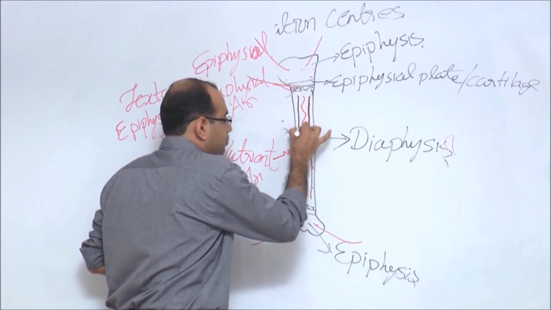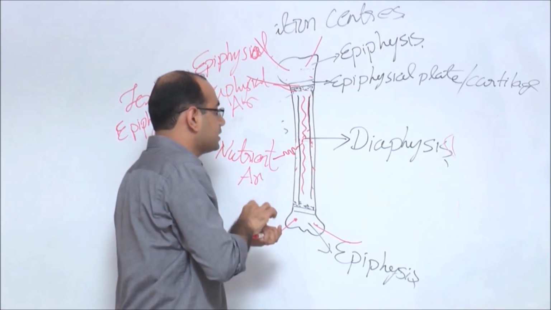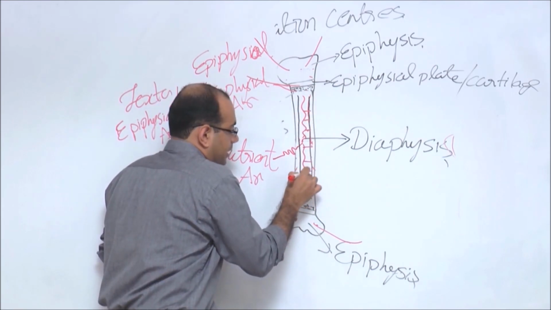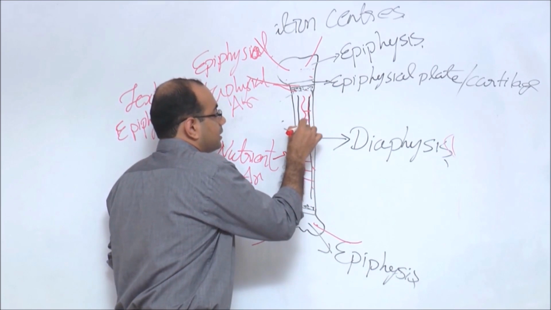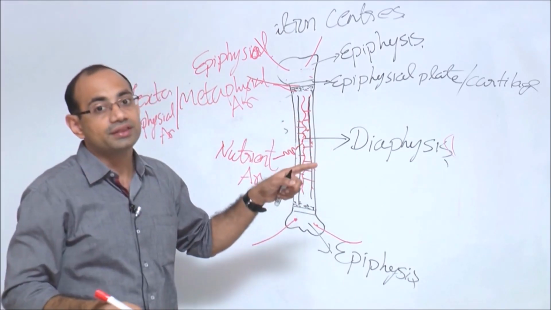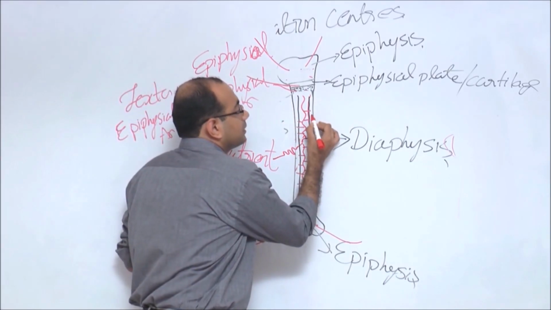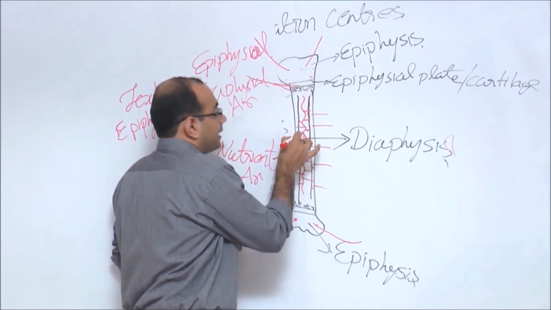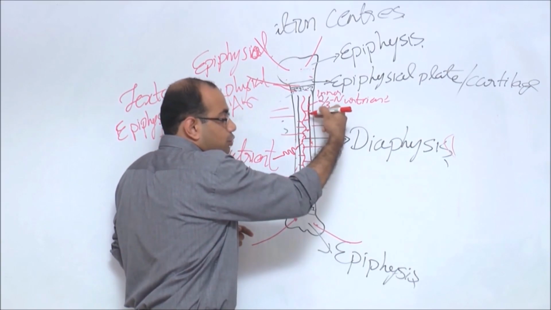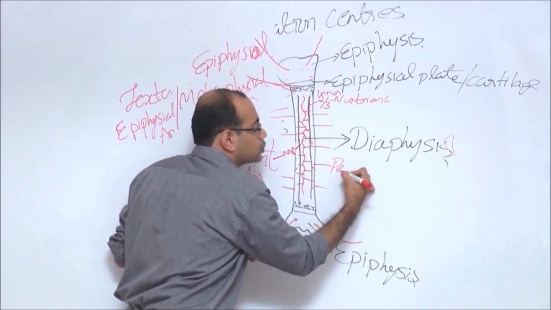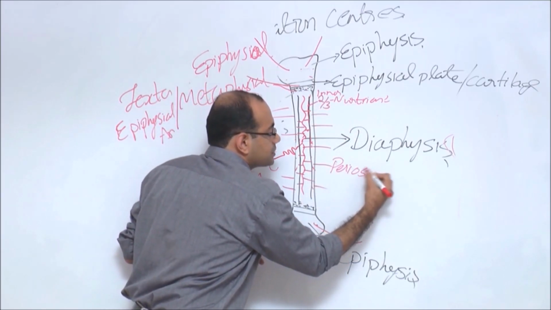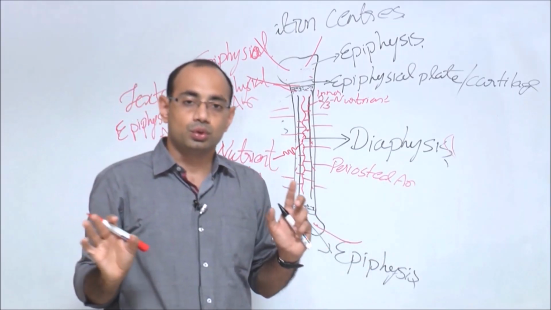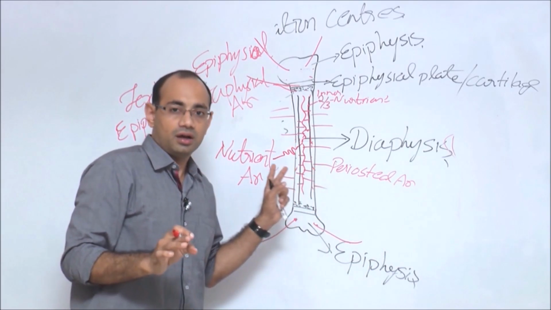So the inner two-third is supplied by the nutrient artery. How about the outer one-third? This area will be supplied by the artery passing through the periosteum, so you have the periosteal artery. So these are the arteries that you should know, the blood supply of the long bone.